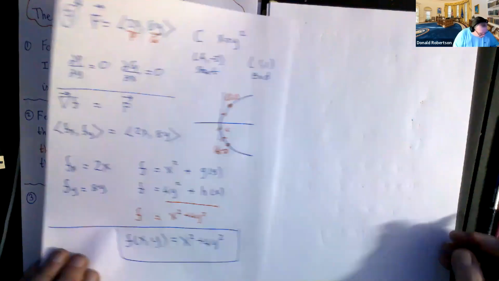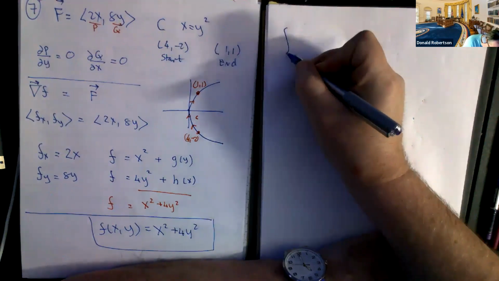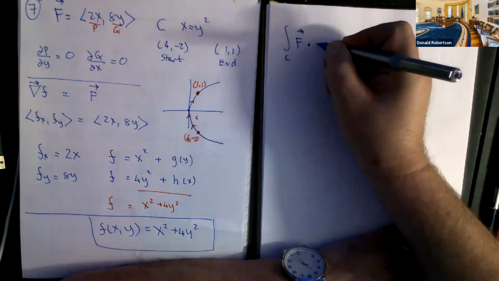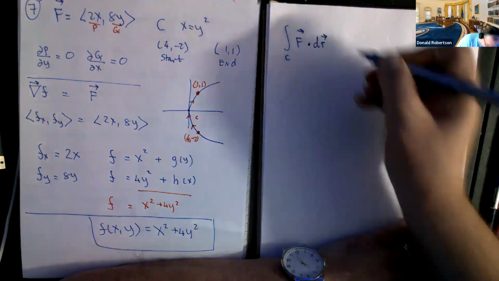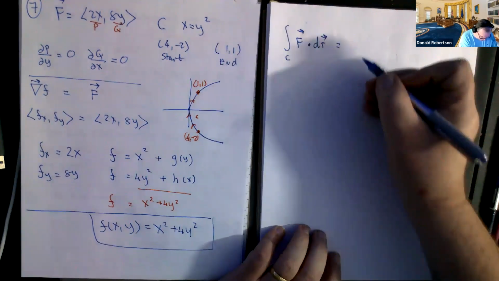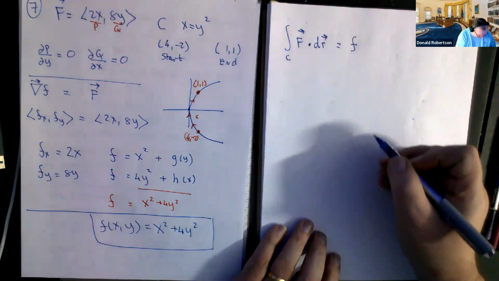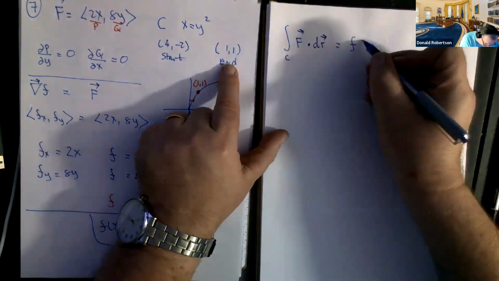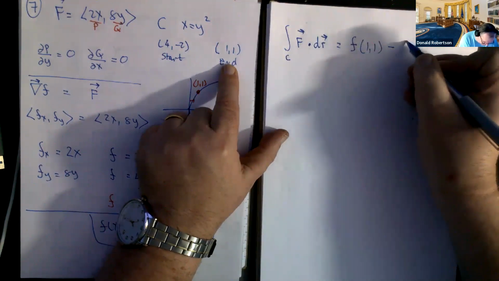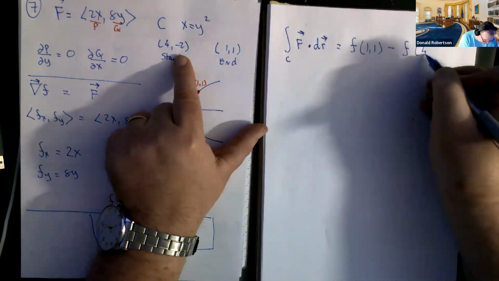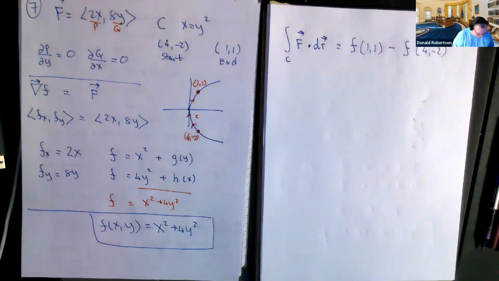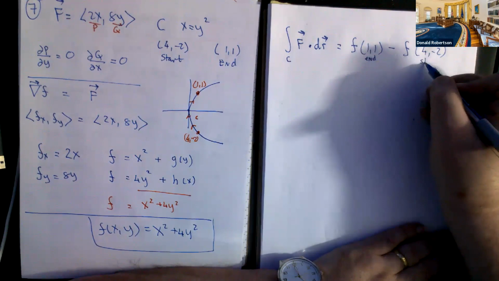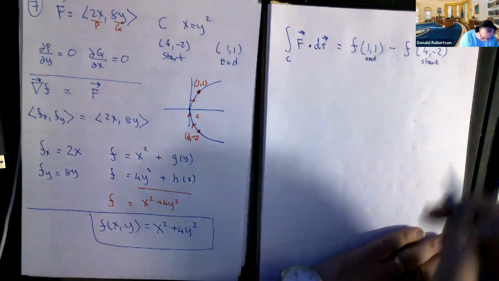And now to complete the process, let's find the line integral of this guy. Well, it is equal to the value of the potential function at the end, take away the value of the potential function at the start. Okay, so this is the end position, and this is the start position.